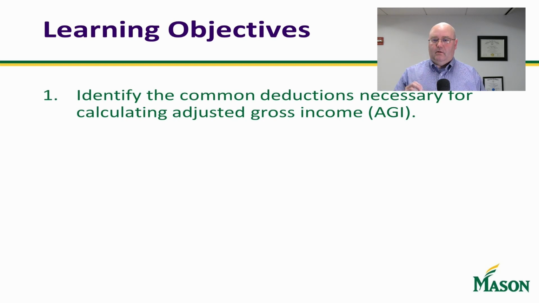A second effect is that the lower we can make AGI, the more that's going to be allowed to be deducted in the below the line deductions, also the ones that are going to be on Schedule A.